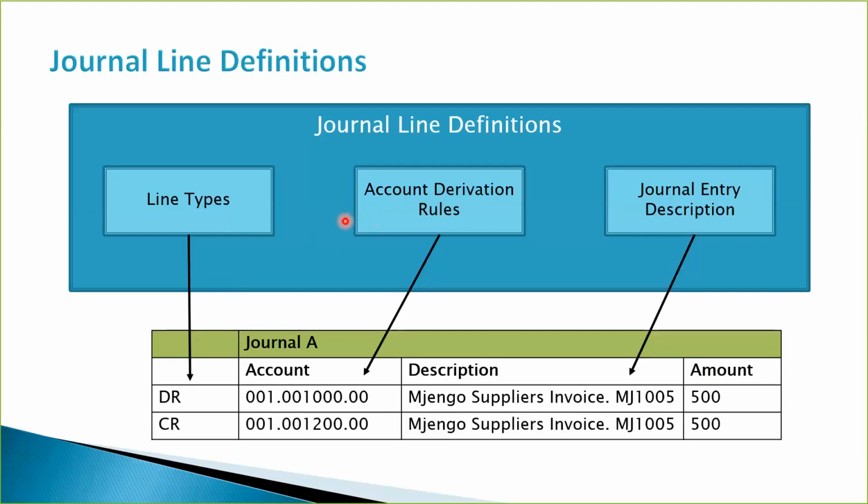For example, what is an example of an event type? When we create an invoice and we validate it, that's an event type. When we create accounting for that event type, one journal entry is created. It may have 2 lines or very many lines, okay?